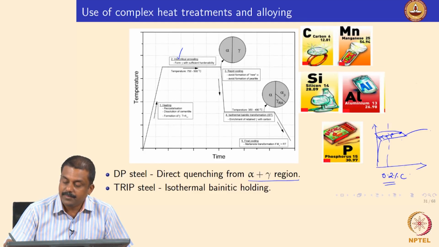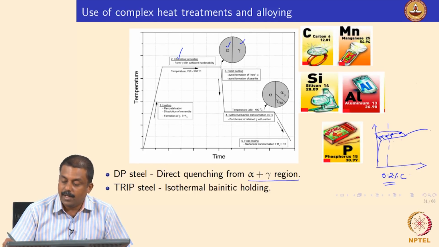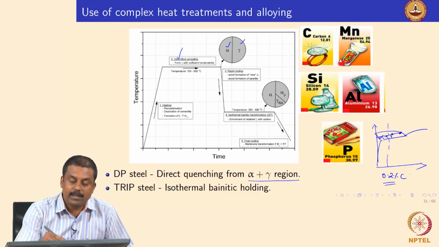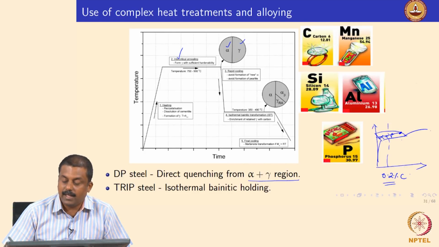So we are also enriching the austenite in carbon. Subsequently, if you have a microstructure containing both ferrite and austenite, and you cool down to room temperature, because of the increased hardenability of this austenite, we may form martensite at much lower cooling rates than generally needed for steels containing 0.2% carbon.